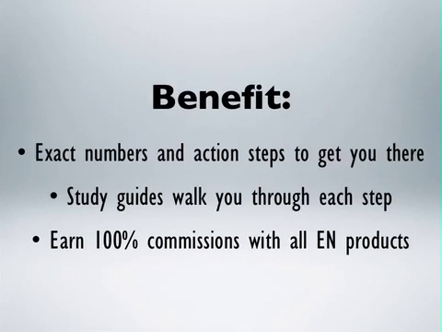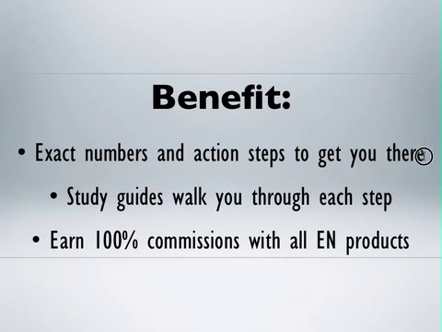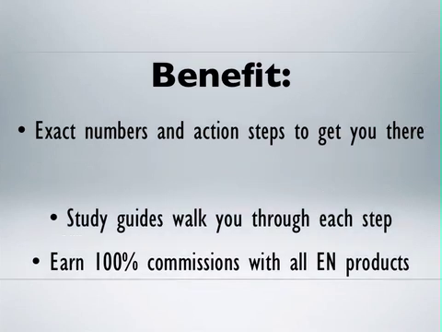The benefits here. This basically breaks down the exact numbers and action steps you need to get there. Now, I want to just talk about something here, and I'm going to do a quick bit of math. Okay? Now, let's say we have somebody get in with us at $25 for the blogging platform.